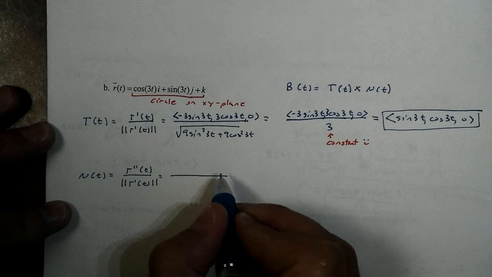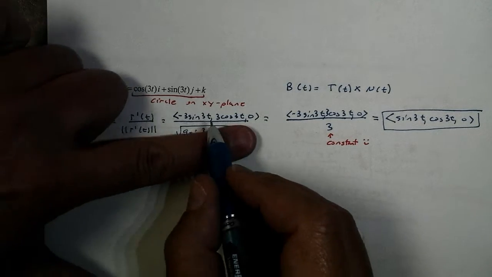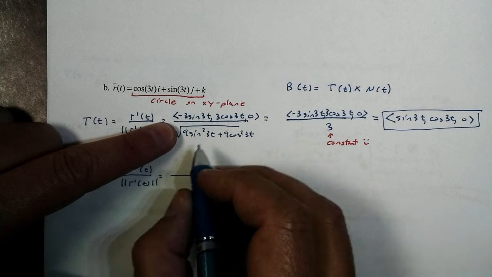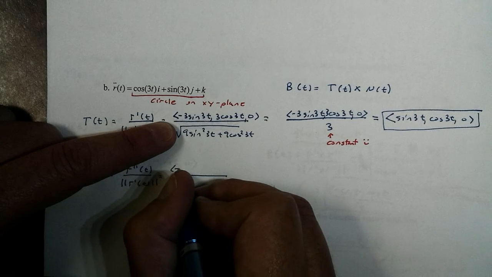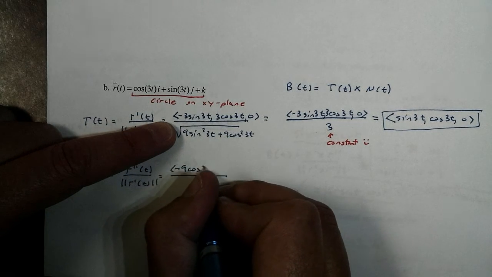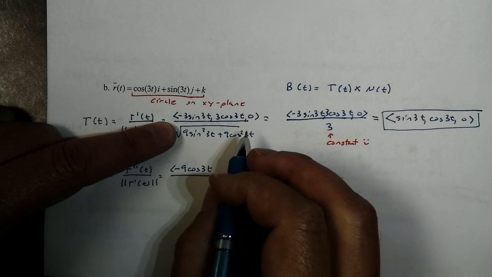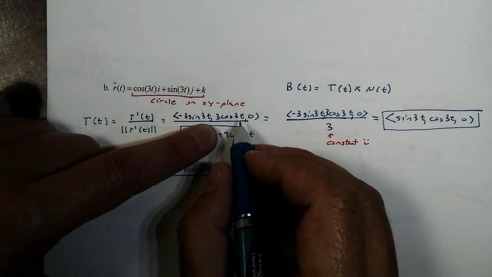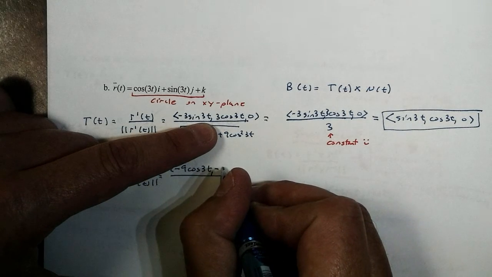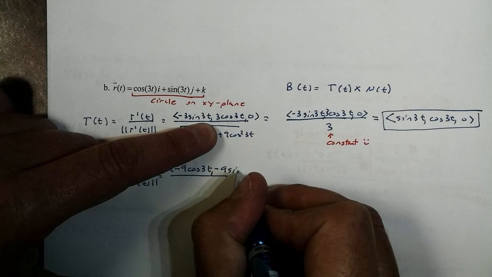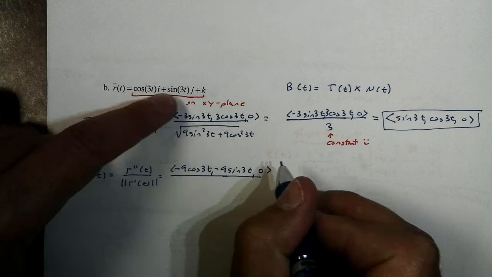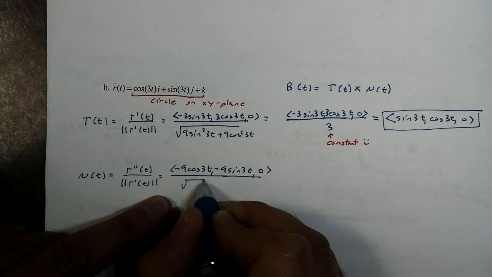Our second derivative, don't forget chain rule, is going to become negative 9 cosine 3t, negative 9 sine 3t, 0 divided by its magnitude.